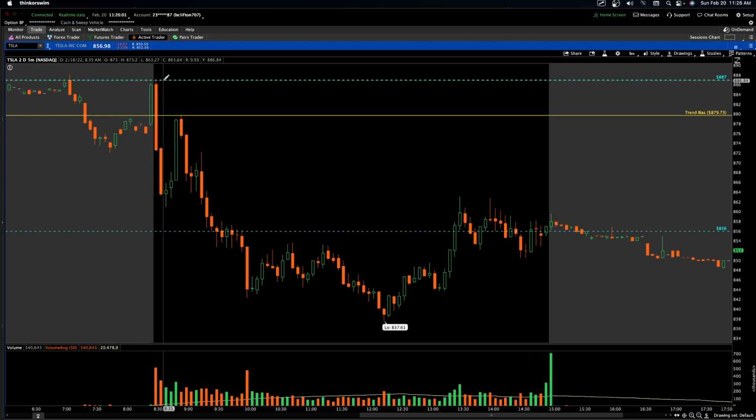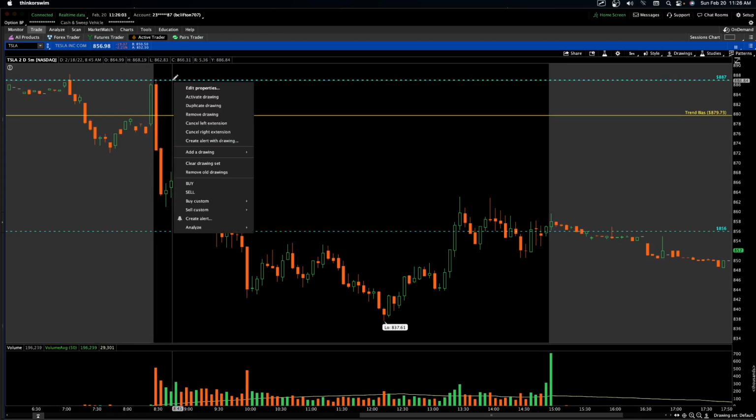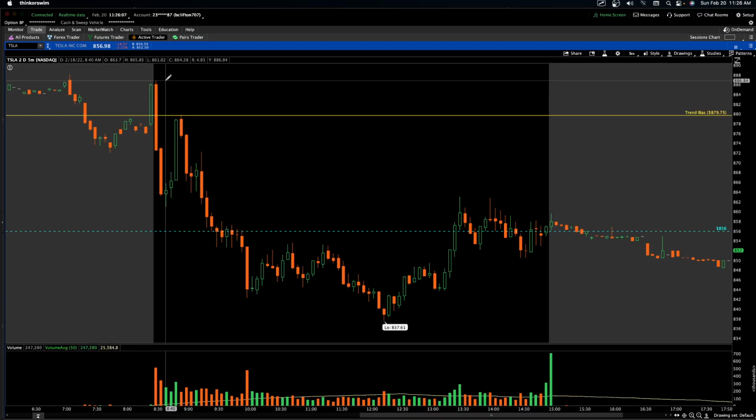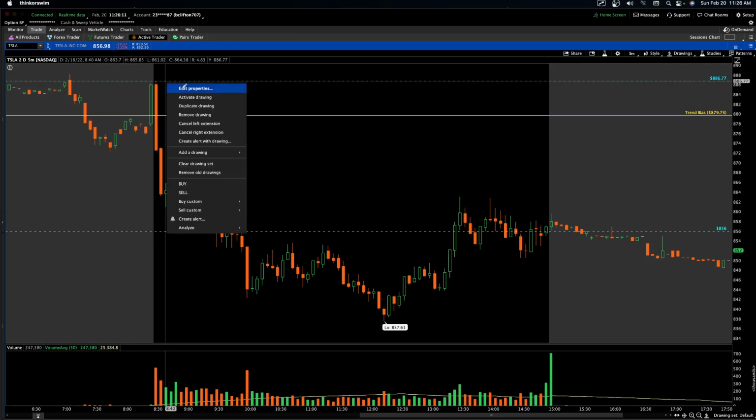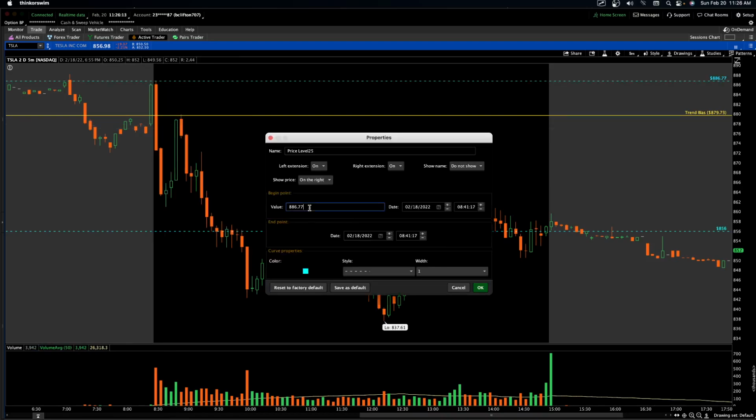I'm just going to remove this for now so we can read this better. So 886.87. Okay, so we're going to say that this one is our 30-minute ORB high. I'm going to change this color to green, make it a solid line, say OK.